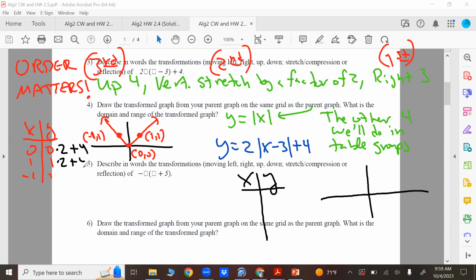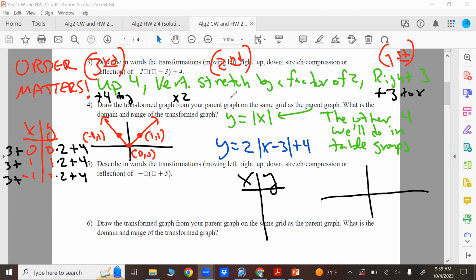Multiply by 2, add 4. Multiply by 2, add 4. And then here, I'm going to add 3. You're adding 3 to x because you're going right 3, right? So that's plus 3 to x, plus 4 to y, and times 2 for y, or 2y.